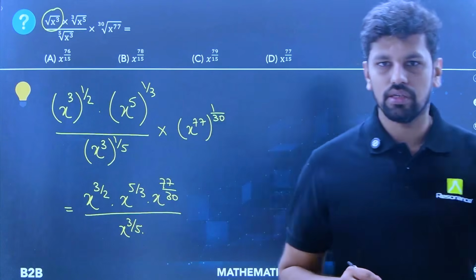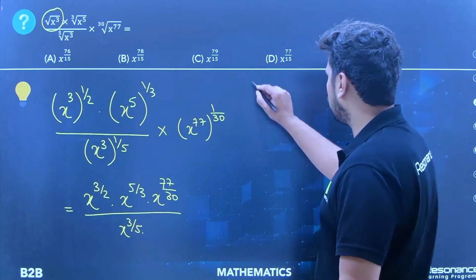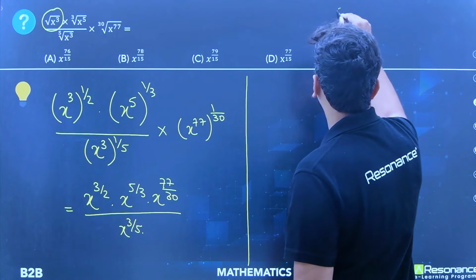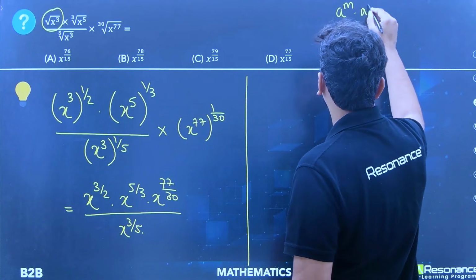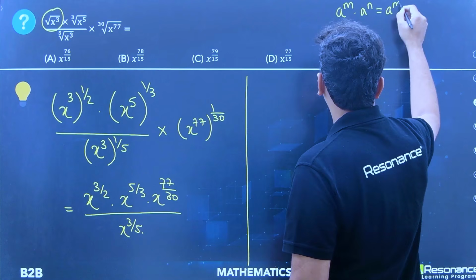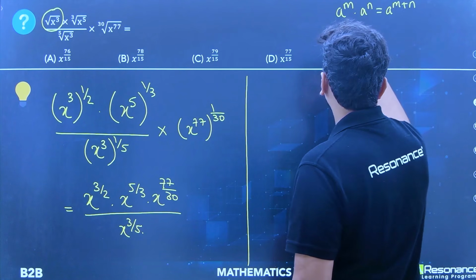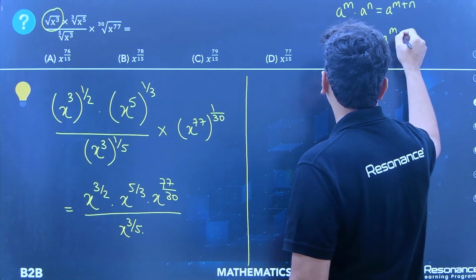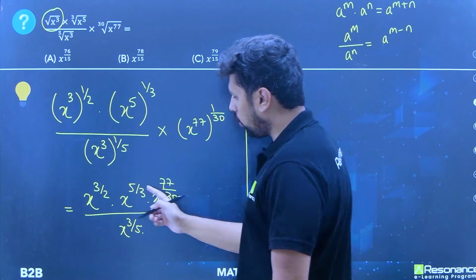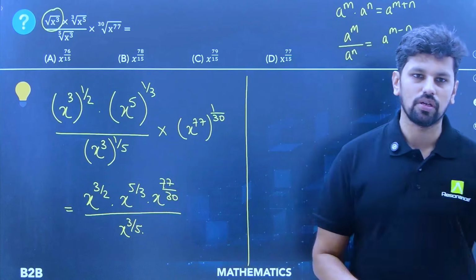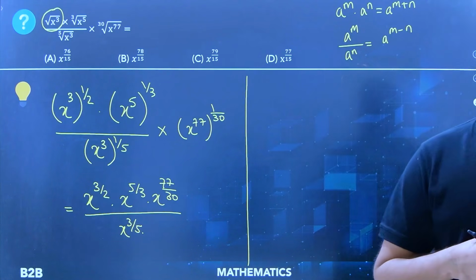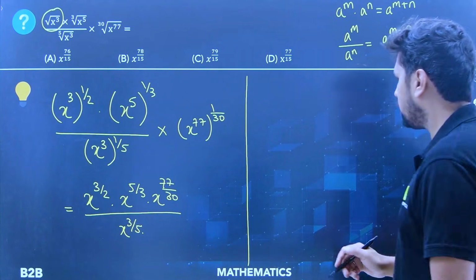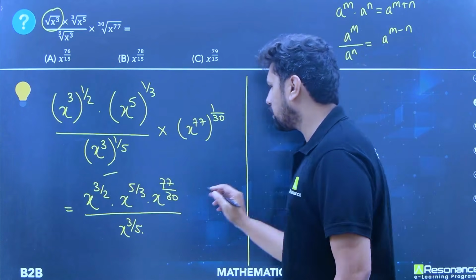Okay. Now what we have to do, we will apply two properties together. a to the power m into a to the power n is a to the power m plus n, and a to the power m upon a to the power n is equal to a to the power m minus n. Since all bases are same, then we can add the powers in multiplication.